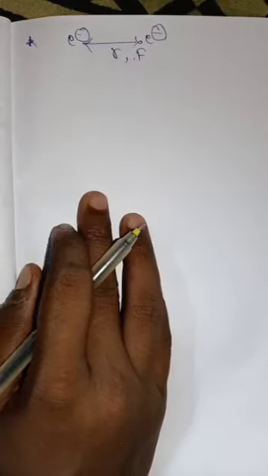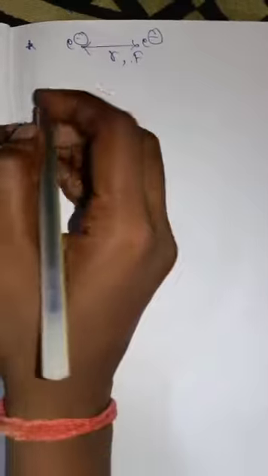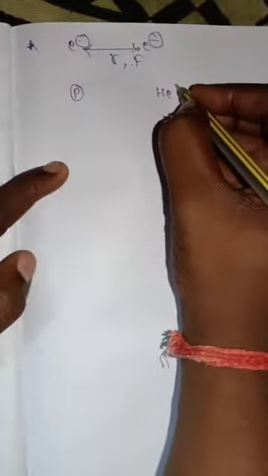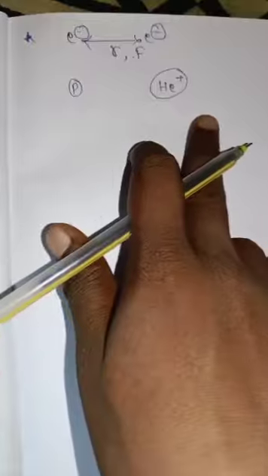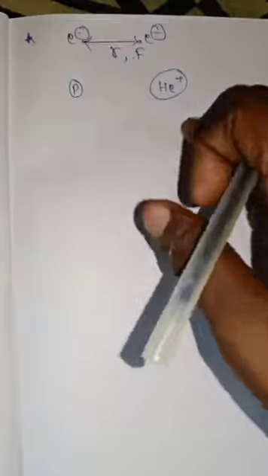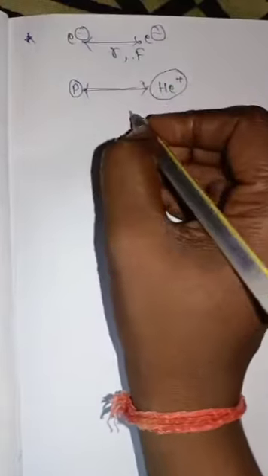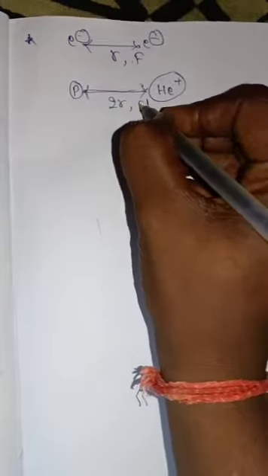So F is the common thing, and another condition they gave is that one proton is placed here and one ionized helium is placed. Ionized helium means the helium from which one electron is given out. The distance between the proton and ionized helium is 2r, and a new force will be acting between them.